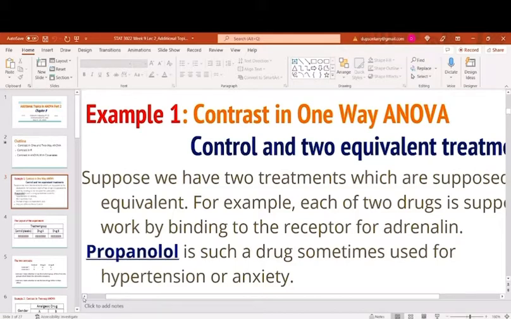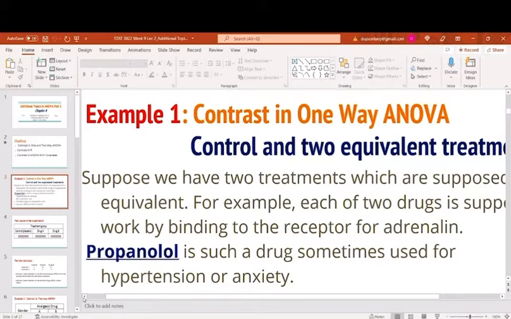At the end of the day, if the null hypothesis is rejected, whether you conduct a one-way, two-way, three-way or factorial design, one weakness of analysis of variance is that it will not tell us where the difference lies. It just tells us there is a statistically significant difference.